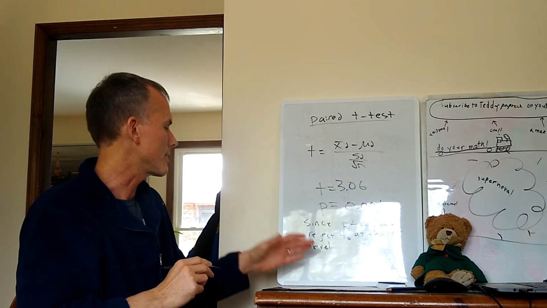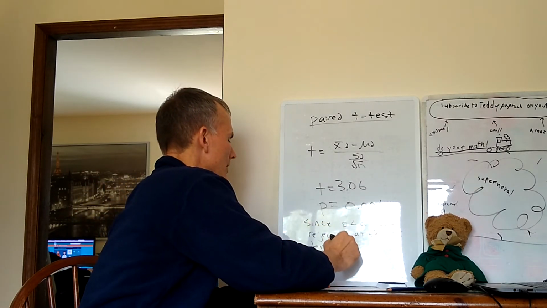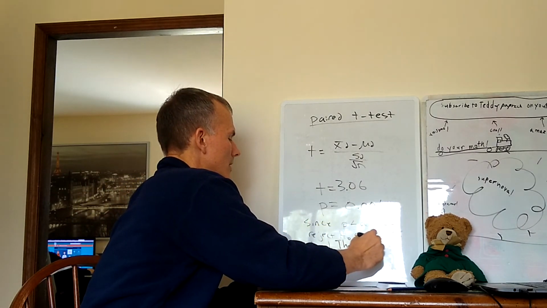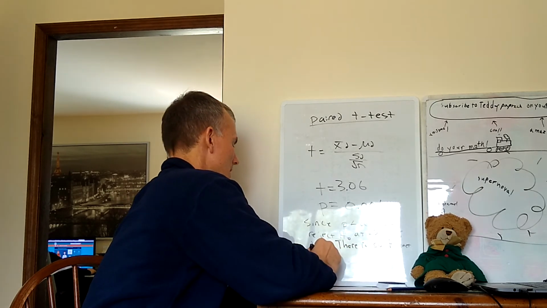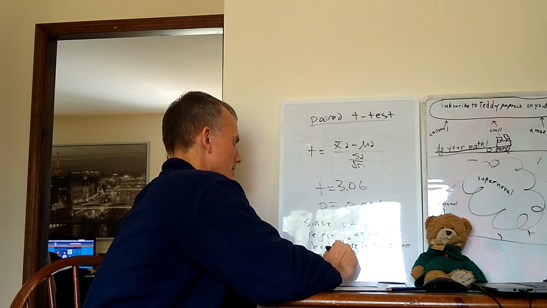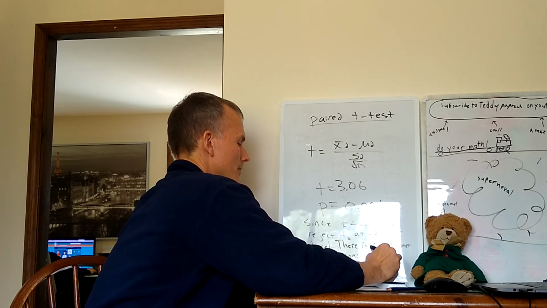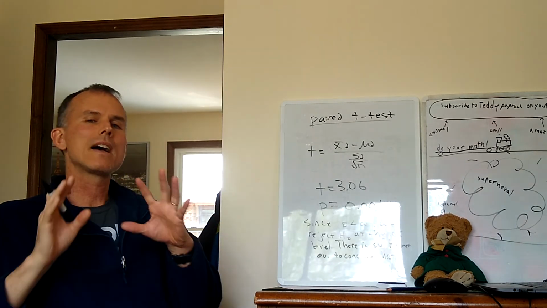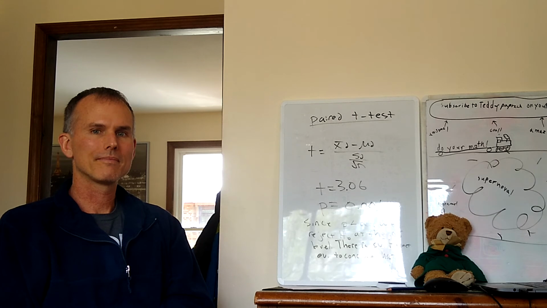We all know that if we reject H naught, then the next words out of our pencil have to be there is sufficient evidence to conclude that the true mean of the differences is greater than 0.